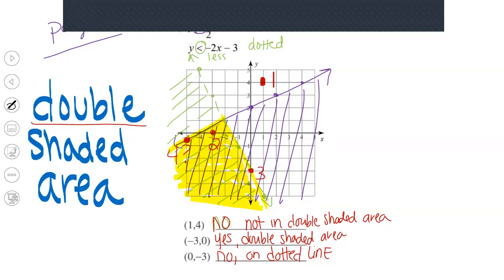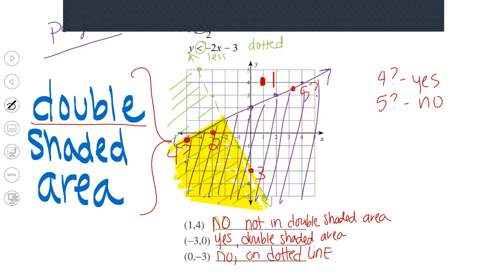So the question 4 is yes. But what if I put it on this solid line? Is that an answer? Why not? It has nothing to do with my double shaded area. This is the most important word right here. Double shaded area. Questions?